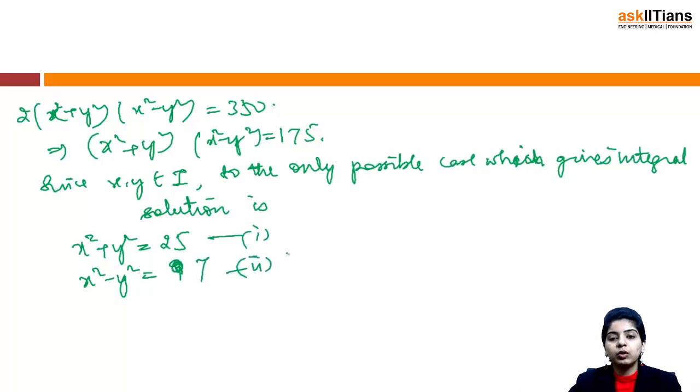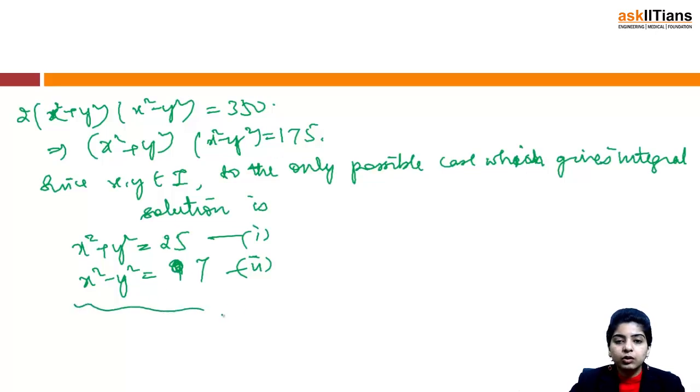So since x and y belong to I, we need an integral solution, and the only possible case is when x² + y² is 25 and x² - y² is 7. You can check, 25 into 7, this product becomes 175.